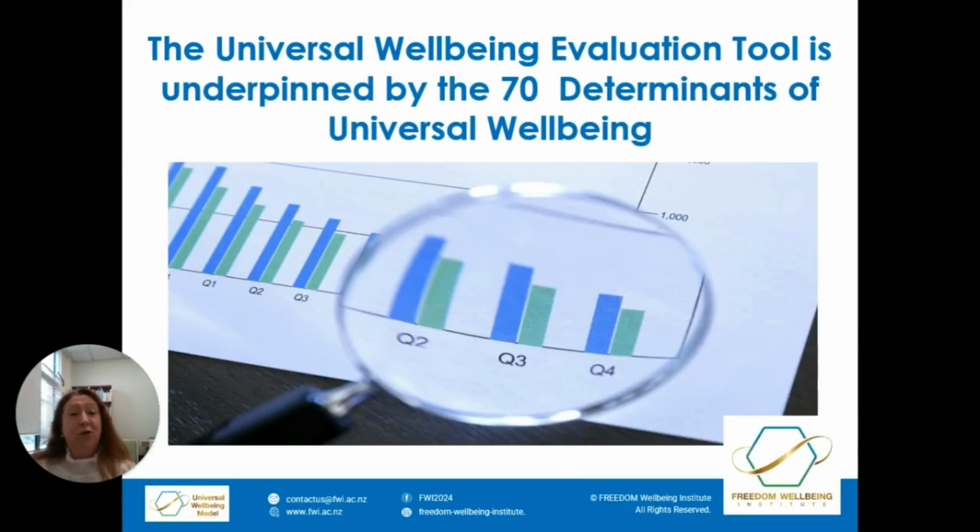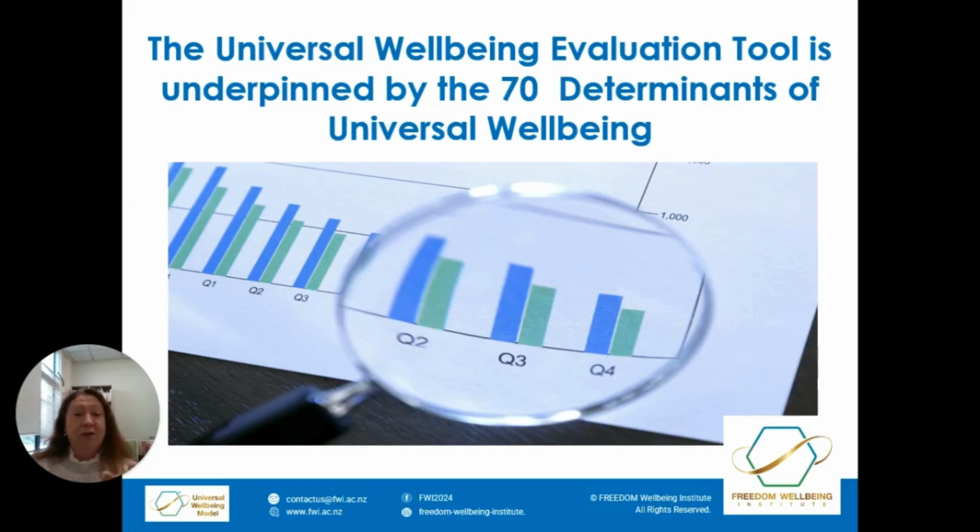So the Universal Wellbeing Tool specifically asks people questions about the 70 determinants of universal wellbeing. When people use the Universal Wellbeing Evaluation Tool, they get a letter which allows them to access a secure website, and there they can work through a questionnaire.